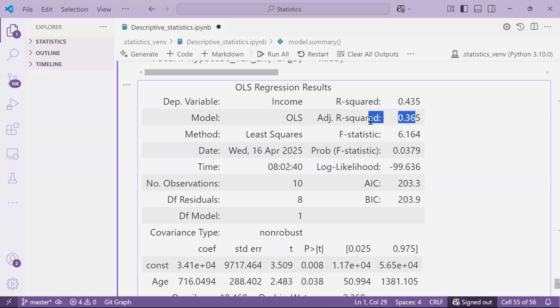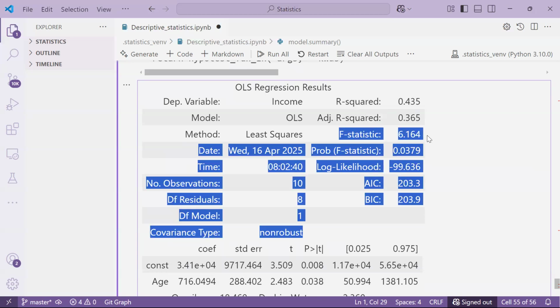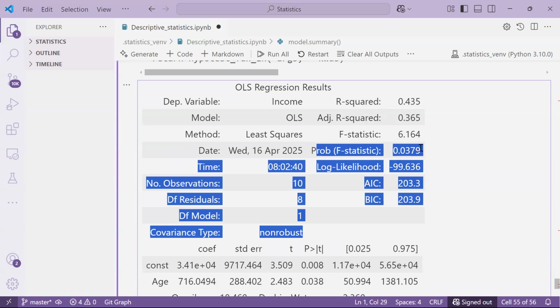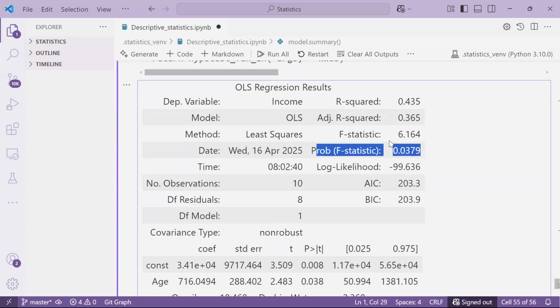Meanwhile, F statistic is also a statistical measure, and if its probability is less than 0.05, it indicates overall model significance. It explains what the significance of the overall model is, and the probability of it, that means the p-value of the F statistic.